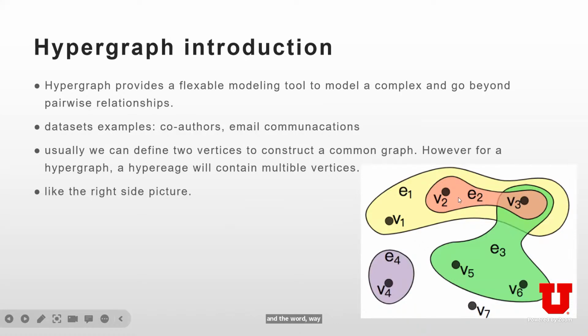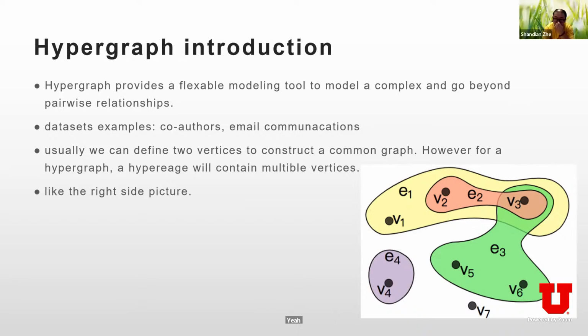So a vertex can be contained by different hyperedges, and one hyperedge can contain multiple vertices. Each shaded region represents a hyperedge, and all the vertices inside that region are connected together.